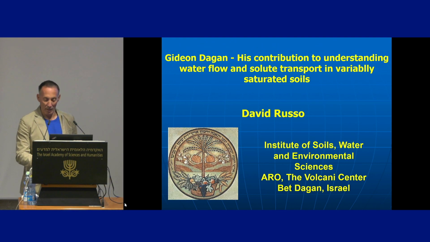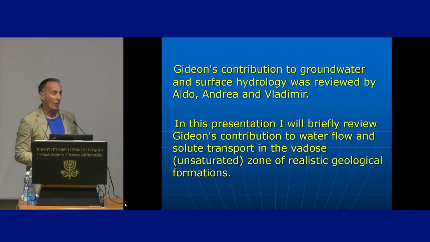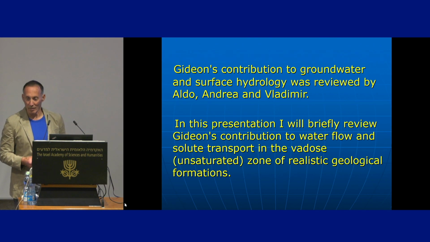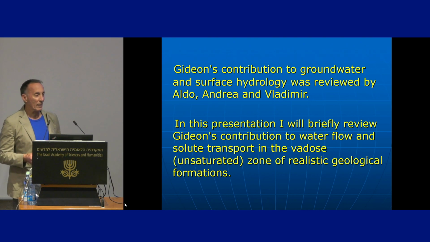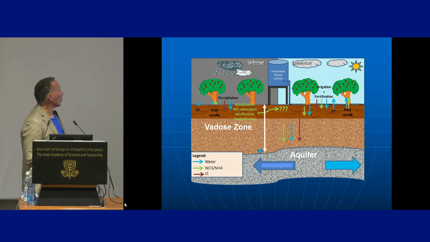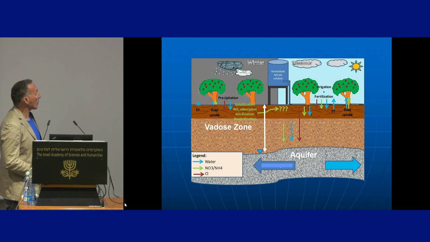Another thing about the vadose zone is that it's much more complicated than the groundwater and the aquifer. Everything that goes to the groundwater basically starts on the soil surface and goes through the vadose zone, where we have very complicated processes in this very interesting part of the subsurface.